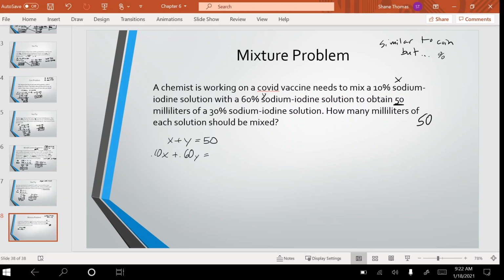So I need to take 50 times 0.30. That's going to be the consistency of this 50. Because right now, I'm going to have a 10% plus a 60% in certain amounts. I want the total amount to be 50 at 30%. So 30% of 50 is going to be what?